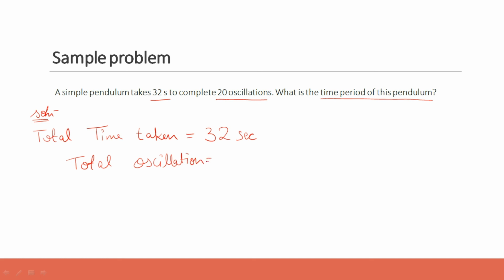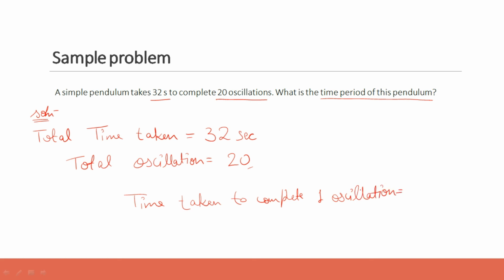Yes, there are 20 oscillations. So we have to find the time period. Time period means the time taken to complete one oscillation. So we have to find the time taken to complete one oscillation. How can we find this?